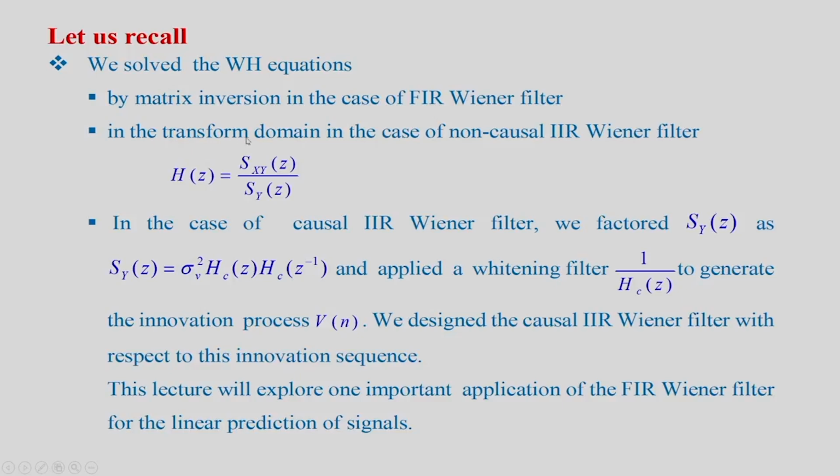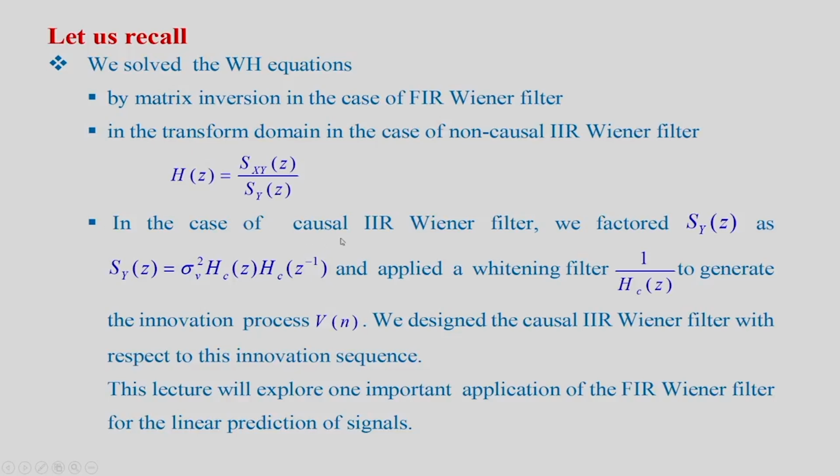In the transform domain, in the case of the non-causal IIR Wiener filter, by this equation H(z) is equal to Sxy(z) divided by Sy(z), where Sxy(z) is the cross power spectral density of the data and the unknown signal, and Sy(z) is the power spectral density of the data.